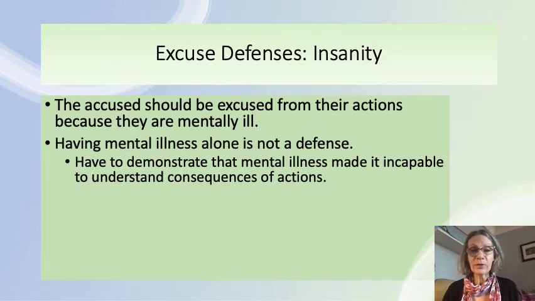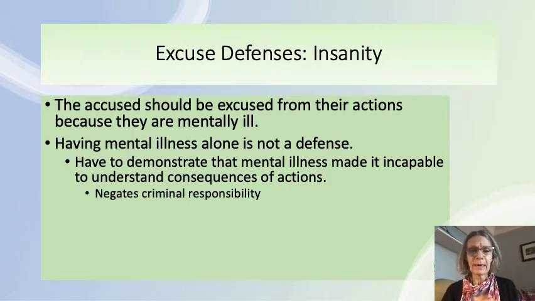Basically, the defense attorney says that my client, because of their mental illness, lacked the capacity to understand the consequences of their action, that they were not knowingly and willingly engaging in a criminal offense. In other words, that the accused did not possess mens rea.